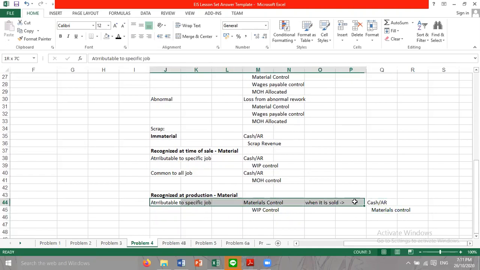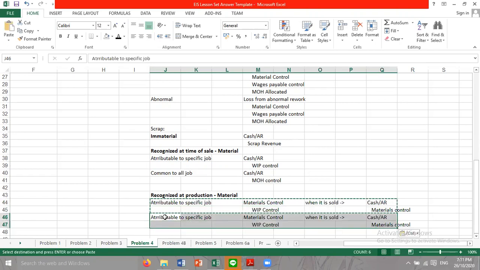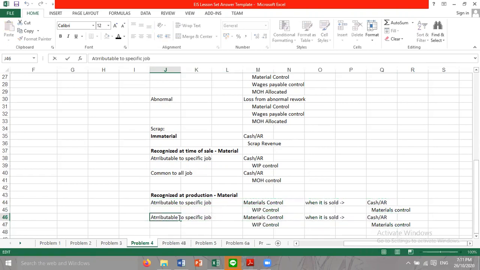in exchange. Now, aside from attributable to specific job, like before, there's also a scenario if we assume that it is common to all jobs. If it's common to all jobs, once again, same principle or same journal, except that instead of work in process control, we use MOH control, or we credit or reduce MOH control.